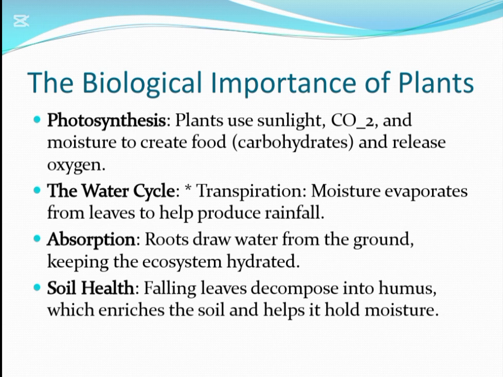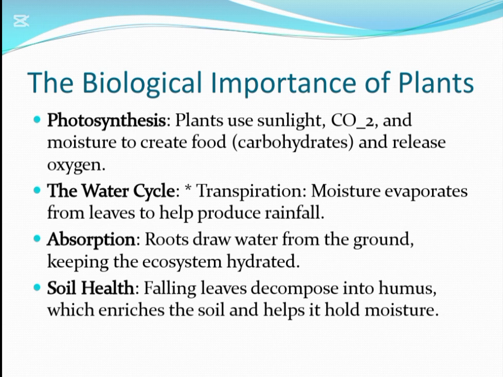They take sunlight, moisture, and carbon dioxide that we breathe out, and they cook up carbohydrates. But here's the best part for us: the exhaust or waste product of this factory is oxygen.